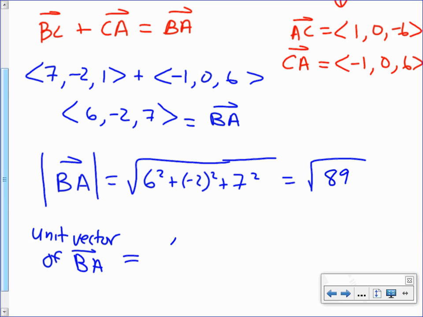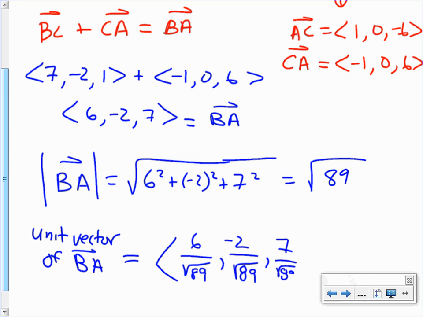So let me write it without i, j, k. How's that? So 6 over root 89, comma, negative 2 over root 89, comma, 7 over root 89.